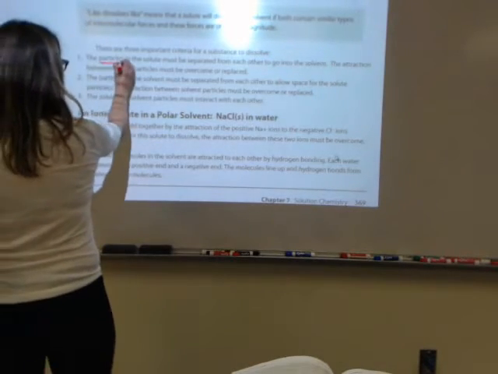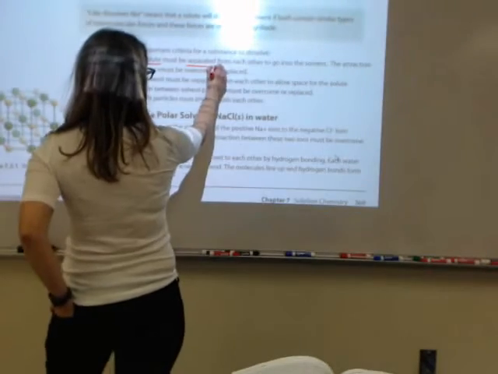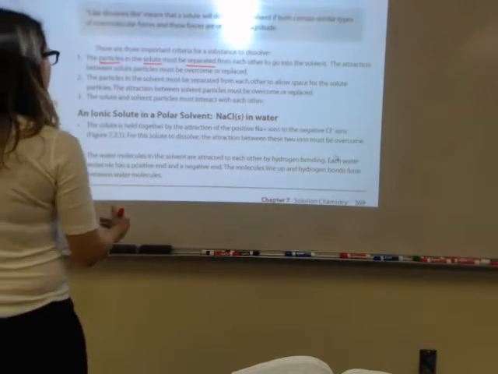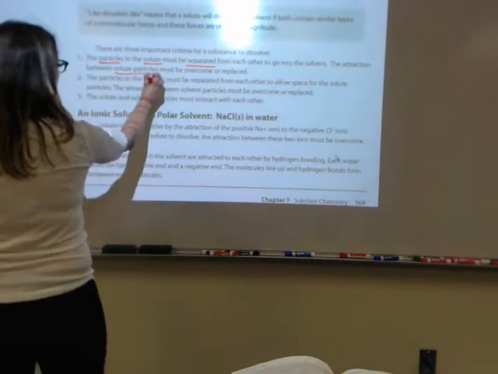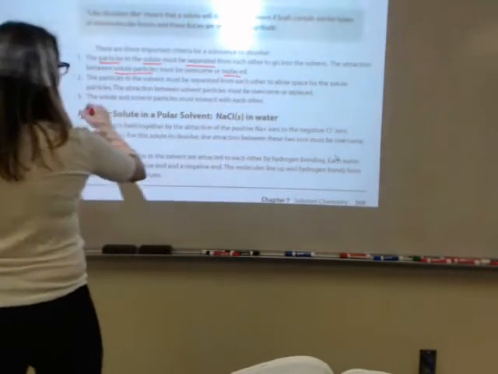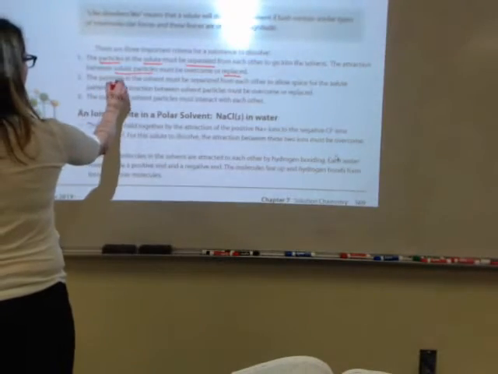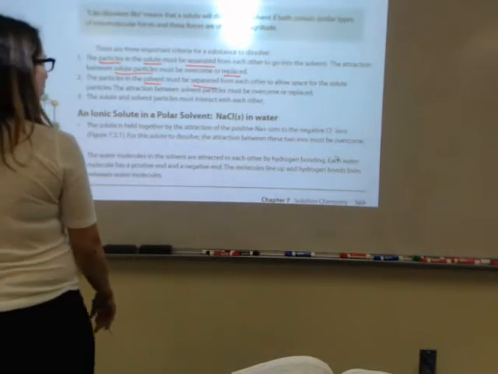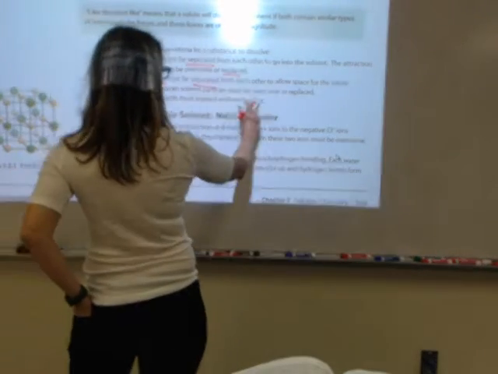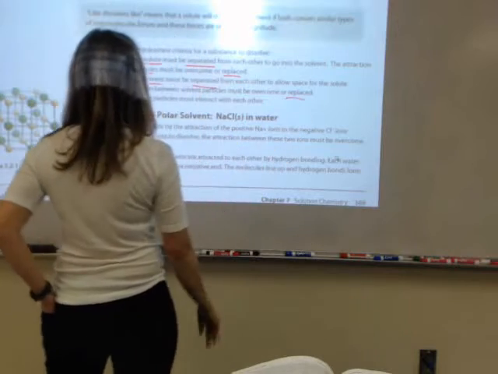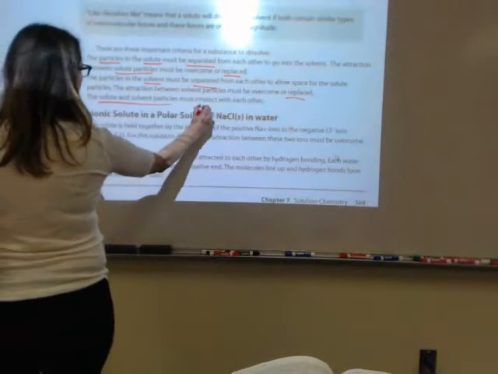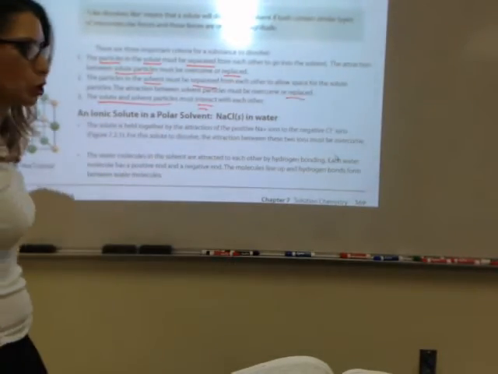The particles in the solute have to be separated from each other to go into the solvent, so the attractions between the solute particles have to be replaced. And then the particles in the solvent have to be separated from each other, and those attractive forces between the solvent particles also have to be replaced. And then the solute and solvent particles have to interact with each other.